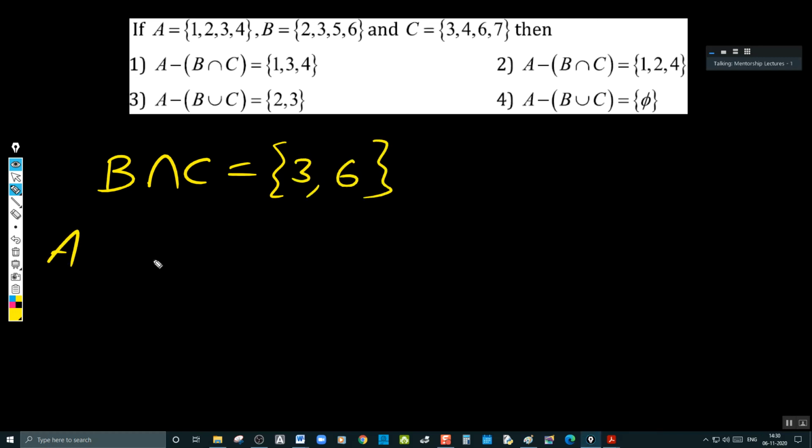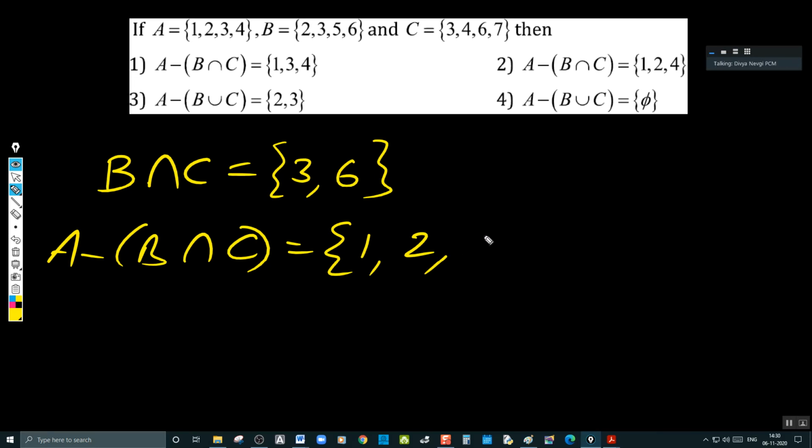And A minus B intersection C is equal to, if you subtract 3, 6 from 1, 2, 3, 4, what is remaining? 1, 2, 4 remaining. That's it, please. This is very simple.